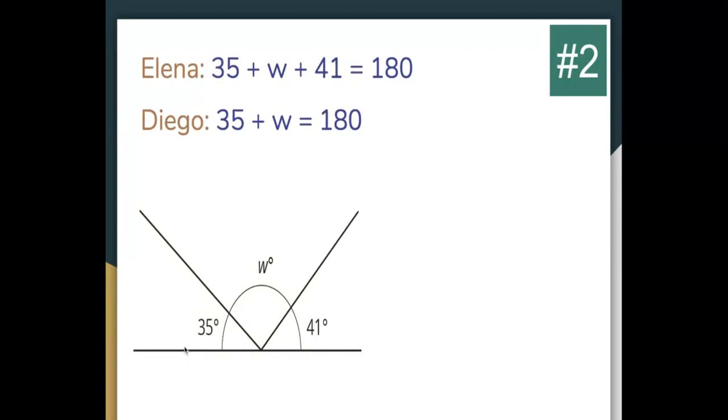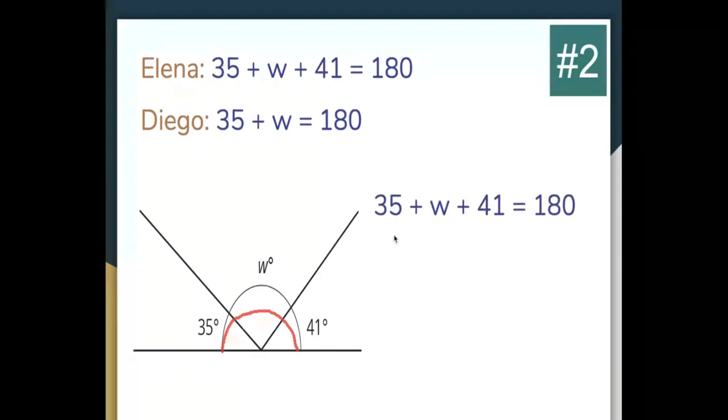And we can see that if we connect all three angles, 1, 2, and 3, together, 35, W, and 41 make that one straight angle. Therefore, Elena is correct. 35 plus whatever the measure of W is plus 41 equals 180.